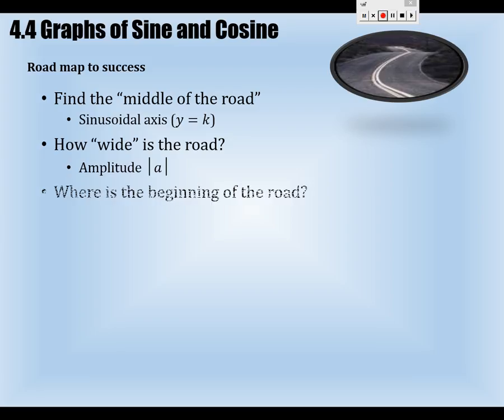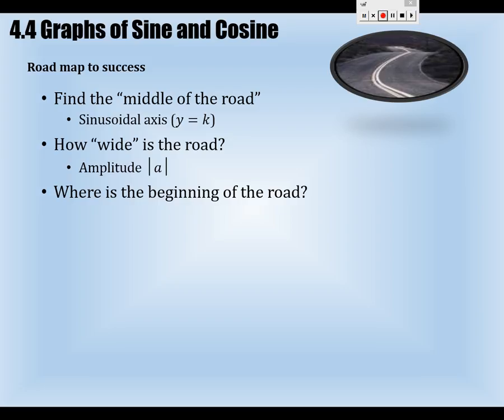That's very wonderful. Now it gets into a little bit of a mess as we start to put down some points. Where is the beginning of the road going to be? I hesitate to say beginning of the road because the domain of these is all reals. But we normally think about starting at x equals 0.